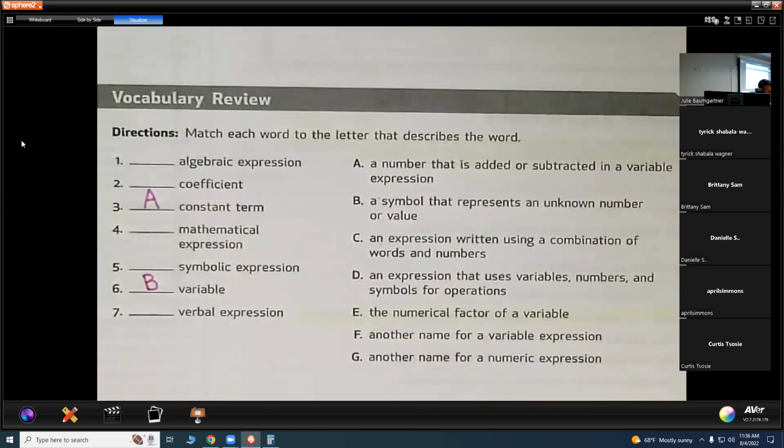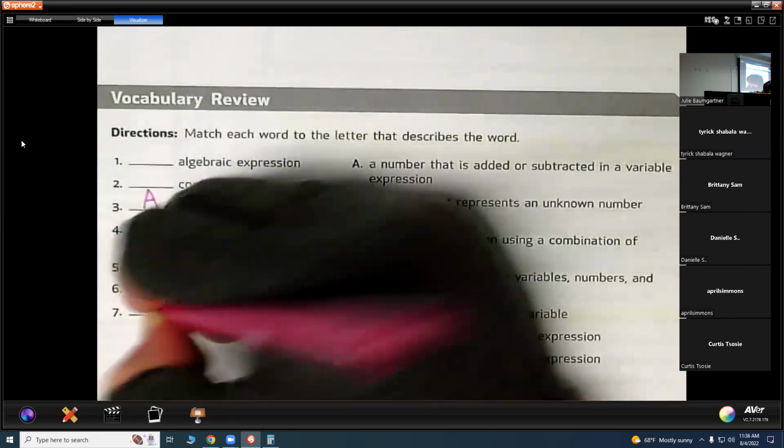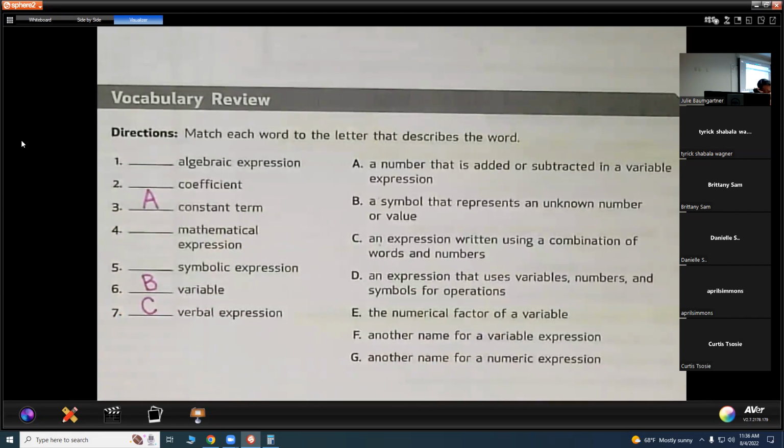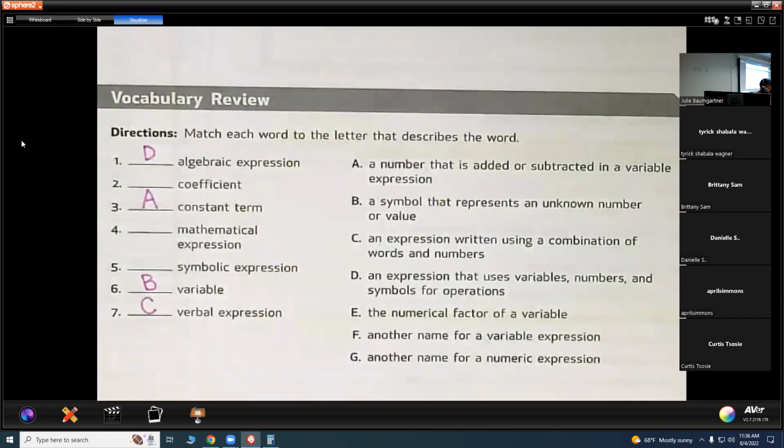An expression written using a combination of words and numbers is probably a verbal expression. An expression that uses variables, numbers, and symbols for operators is D, an algebraic expression.